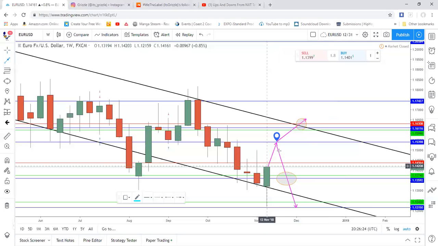So this is the same thing, vice versa. Instead of it being in this area, bring it to this area. Let's say that it were to test off of this area underneath this. Same thing, same take profit.